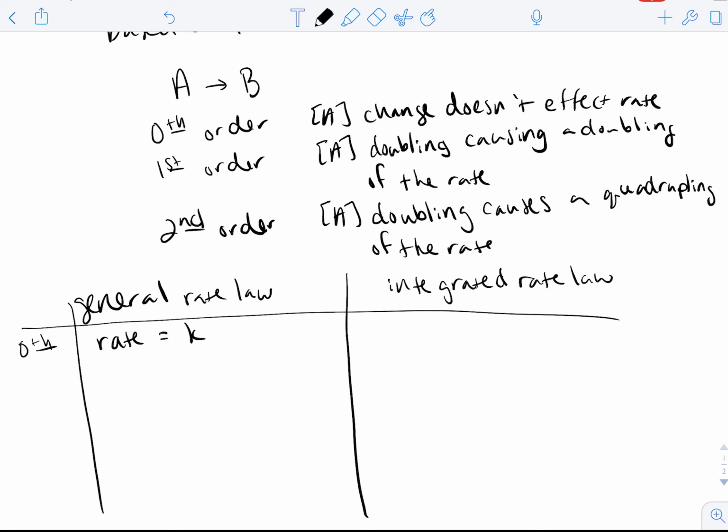So we have no dependence on A concentration here. And when we take that and we combine it with our relative rate law, then we integrate over that, we get our integrated rate law, which is A at time t is equal to negative kt plus A naught, which this form of the integrated rate law shows as a y equals mx plus b. So we'll look back at that in just a minute.